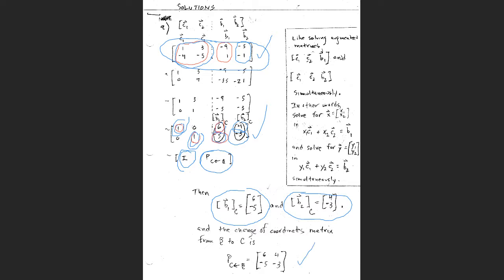Are there any questions on that? We found the change of coordinate matrix from basis B to basis C. You notice the arrow helps a lot in the notation.